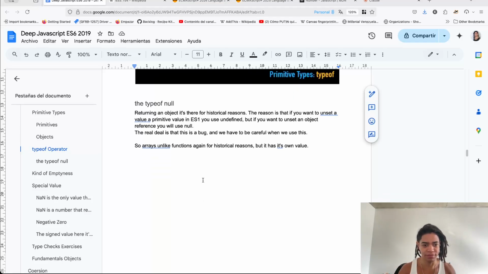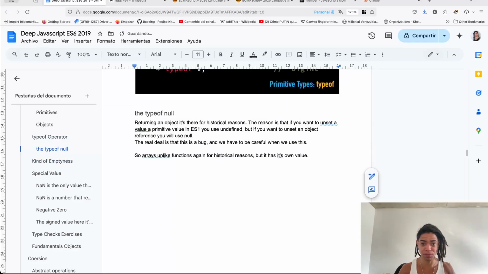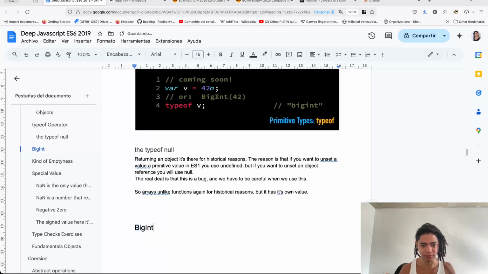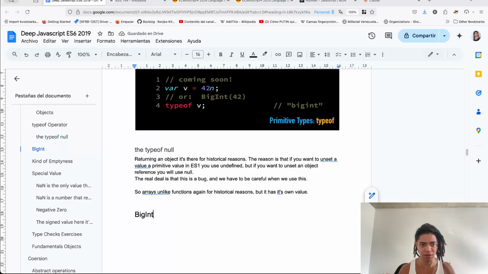The other thing, which isn't mentioned too much but is quite important, is BigInt. I want to make a quick note here with BigInt.